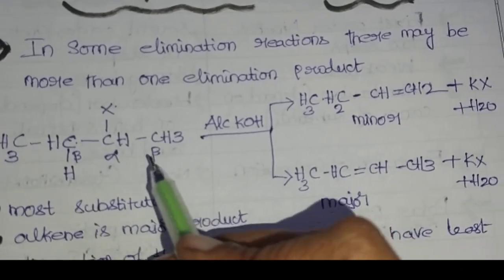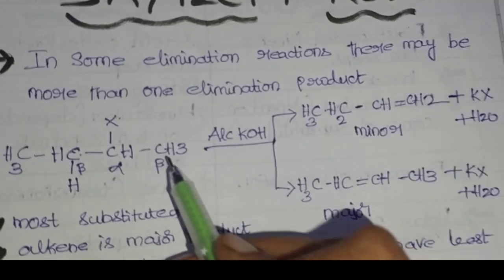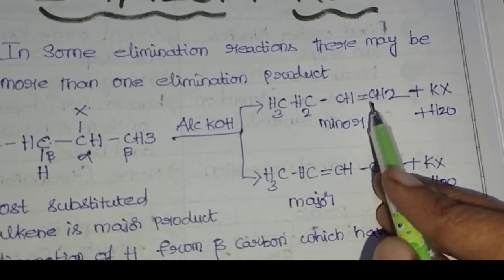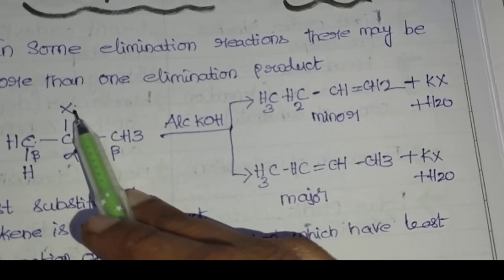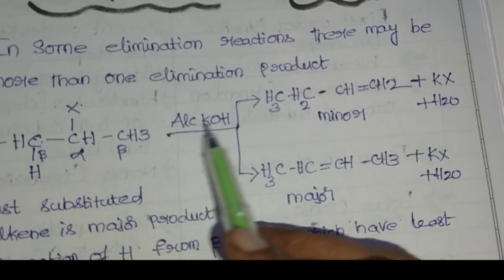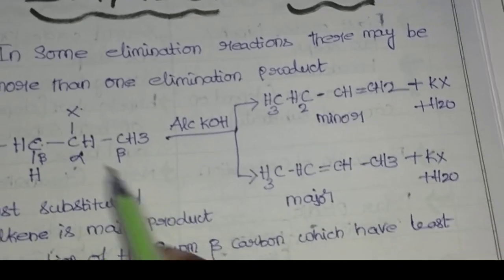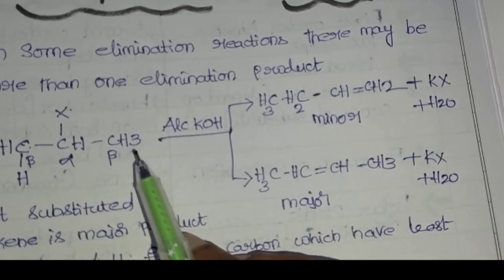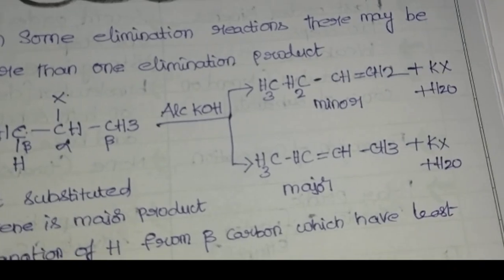So when the proton is removed from this beta carbon, what happens? We'll get a minor product. Here we'll get a double bond. From this alpha carbon, X is removed with the help of KOH. K reacts with X to form KX, and this proton or hydrogen is removed to give a double bond here, and a water molecule is removed.